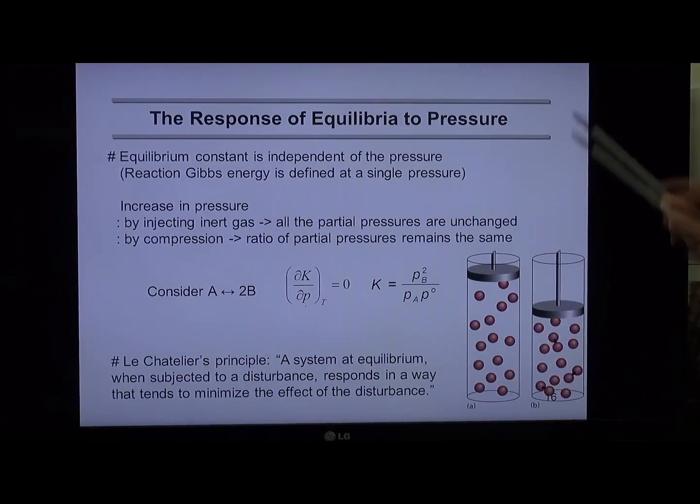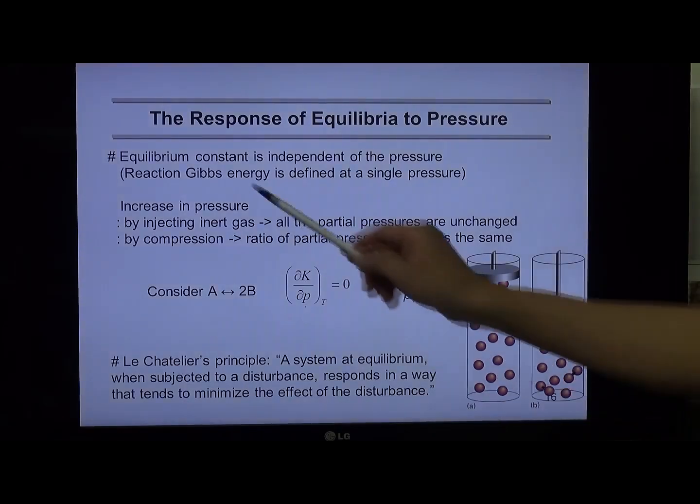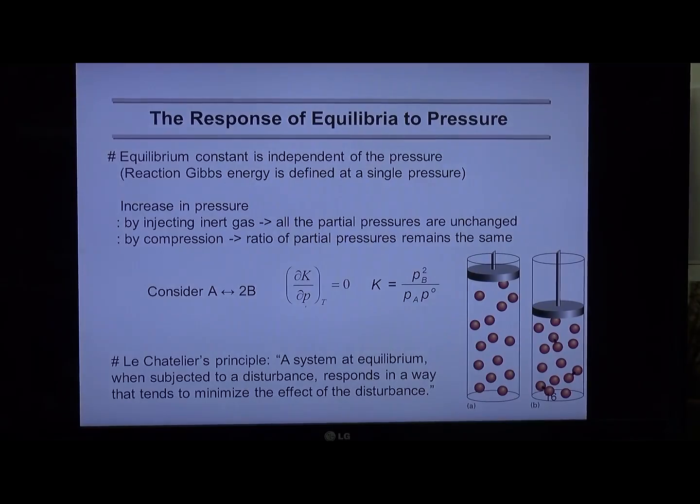So, if pressure changes, the equilibrium constant does not change. That's the constant K. It does not change. Then let's consider what happens if pressure changes.